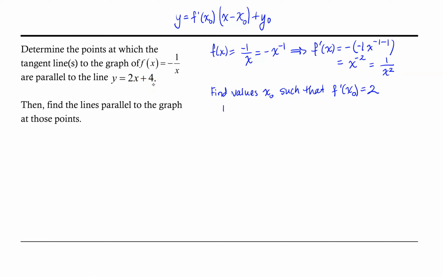So we have 1 over x naught squared equals 2. We're going to go ahead and take the reciprocal of both sides.